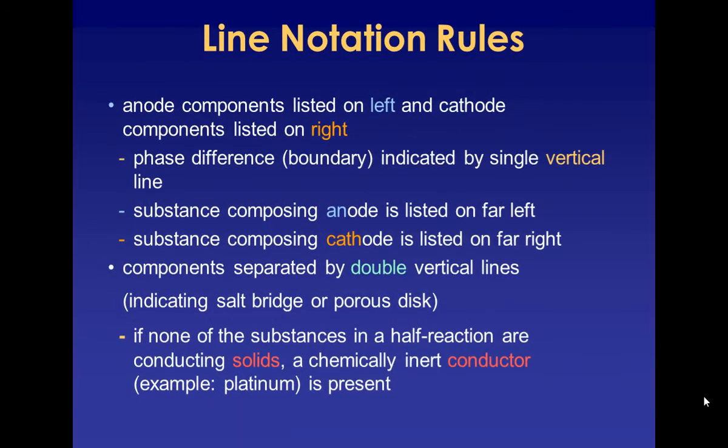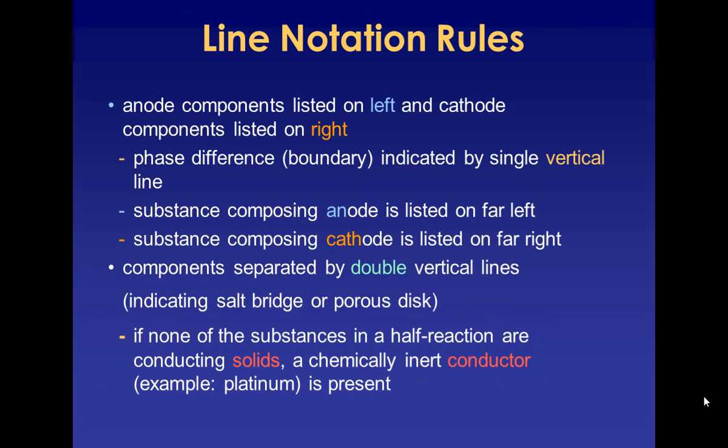We can also show galvanic cells using a line notation format. When we do this, we basically are just showing the net changes that are taking place between the anode and the cathode. Anode components are always listed on the left side, and cathode components are on the right side. We represent the pure substance, the solids, and the solutions by a single line.